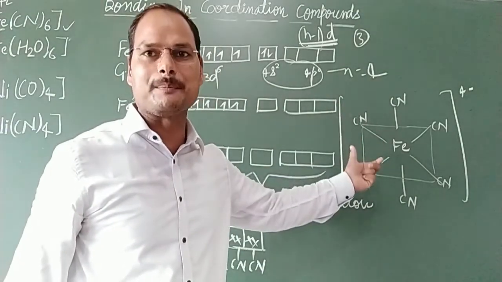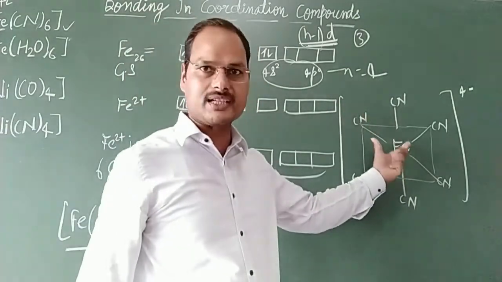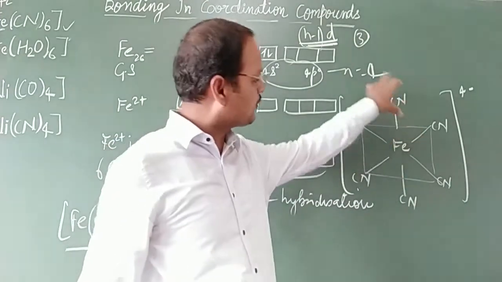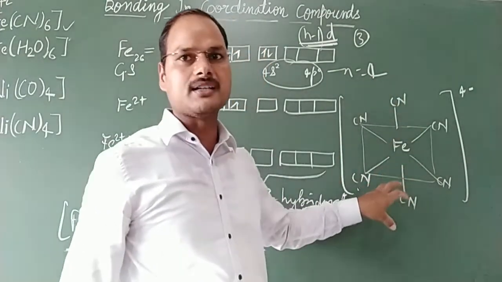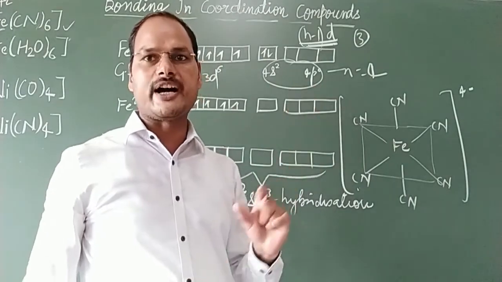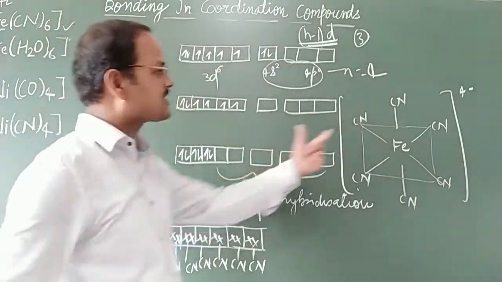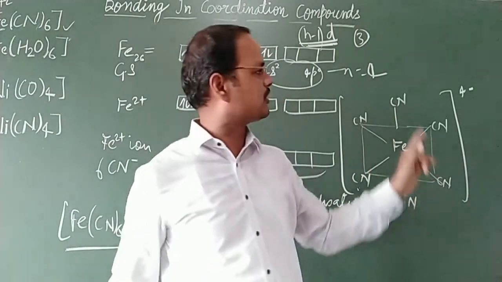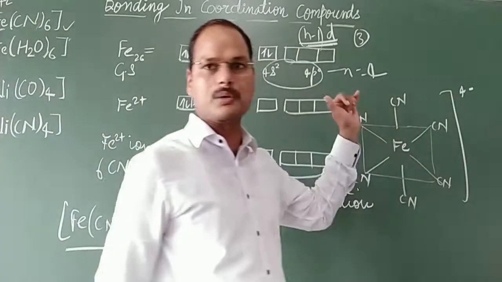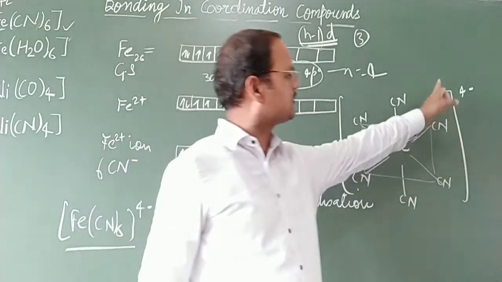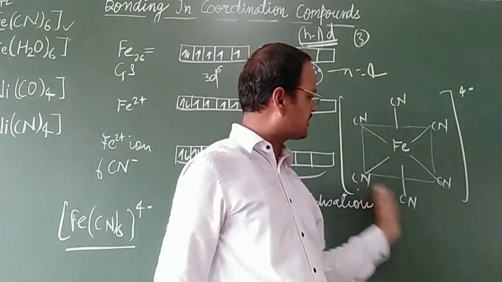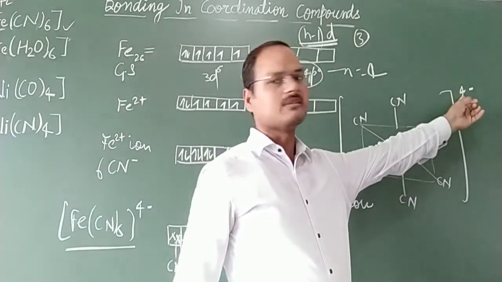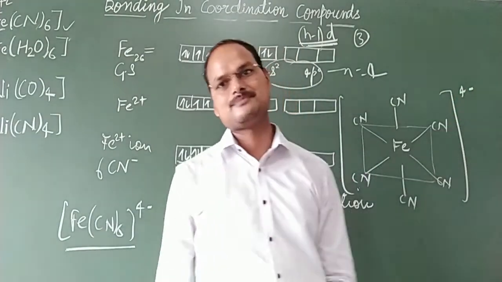It is an inner type of complex. And the shape or structure of this molecule is this, and overall this is the complete part. If the structure is required for this part, then we must write the complete thing, otherwise there will be no marks for this, because there are overall 4 negative charges. Therefore within the square bracket we have to write this much, and after that we have to write 4 minus.